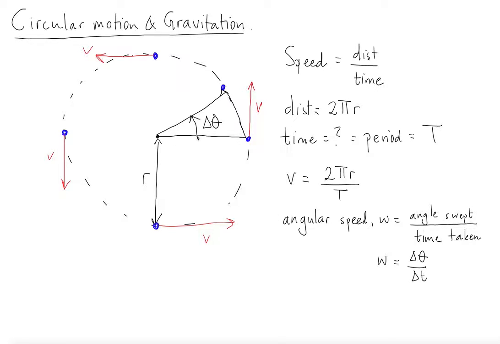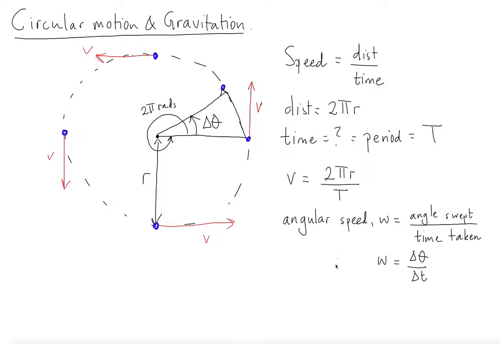Now we know for a complete revolution, to go all the way around from here to here, we have to cover 2 pi radians. And remember, when you're working in circular motion, at least in this course, to use radians.